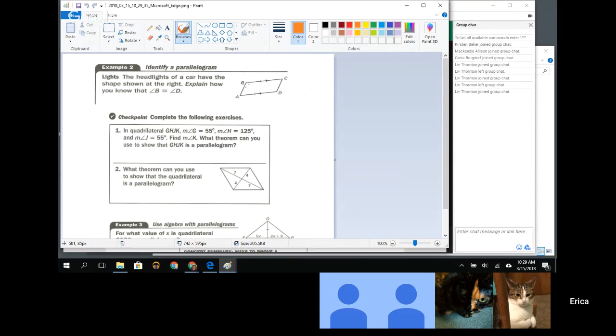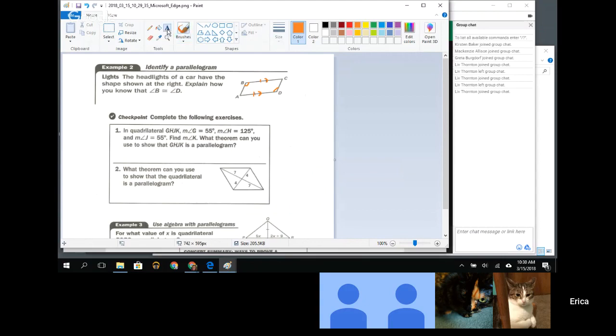Okay, so we have these headlights and we want to know, how do you know that angle B is congruent to angle D? Well, we know that BC is parallel to AD. We know that they're parallel because they have these little arrows, right? That tells us that they're parallel to each other. We also know that BC and AD are congruent to each other because they have these little hash marks.